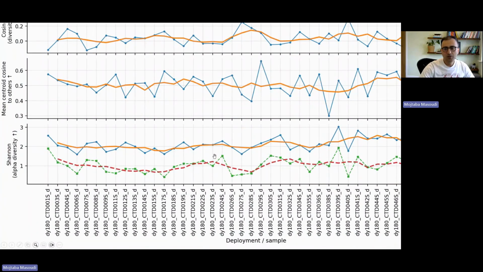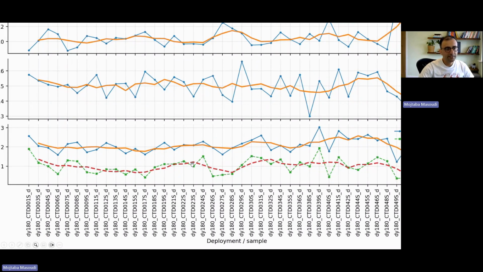You can see the label predictions compared to the Shannon of the taxonomies are relatively following the same rule, and it was an interesting and promising observation for us.